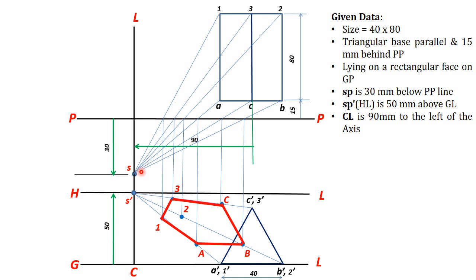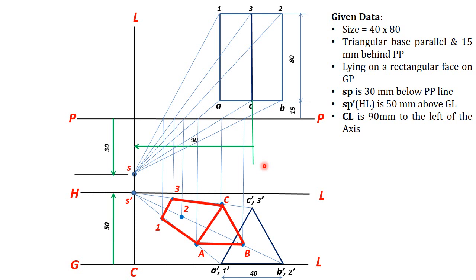So in this problem, AC is an edge which is nearer to the station point in top view, and in front view also AC is nearer to S dash. So we can say AC is visible. So mark AC as a visible edge, a dark solid line.